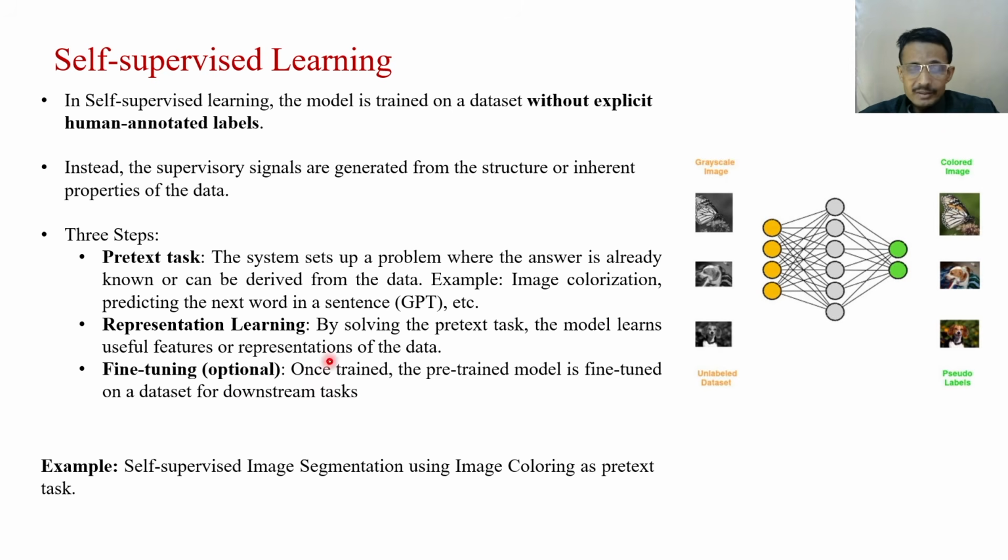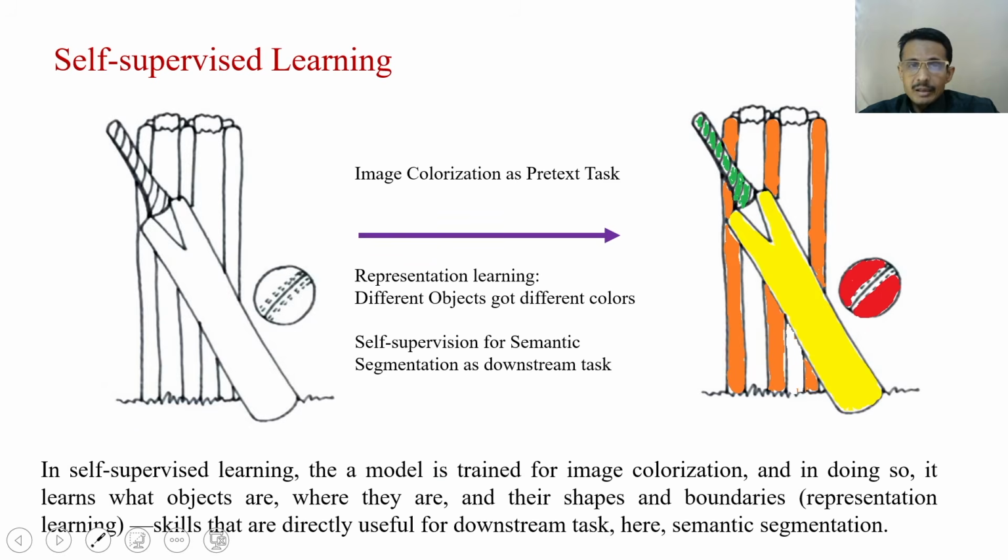Let's try to understand by one example, where a downstream task like image segmentation can be modeled using image colorization as a pretext task. Here is a set of objects: the bat, ball, and wickets, and this is the corresponding colorization.